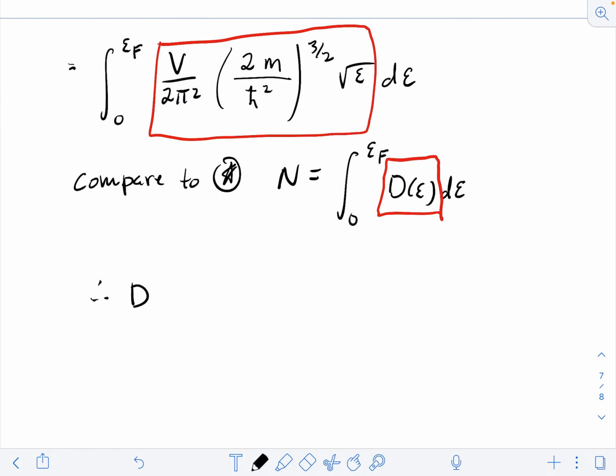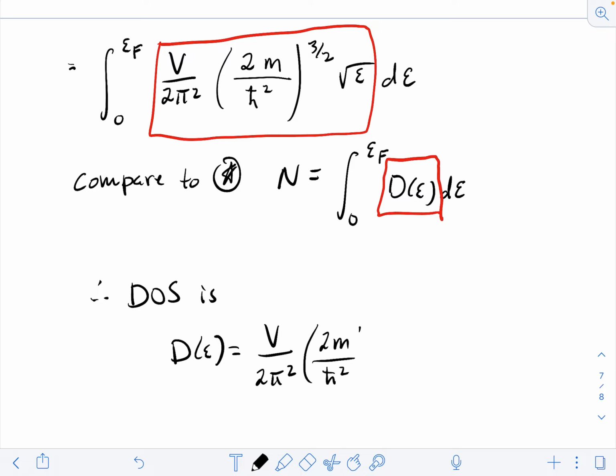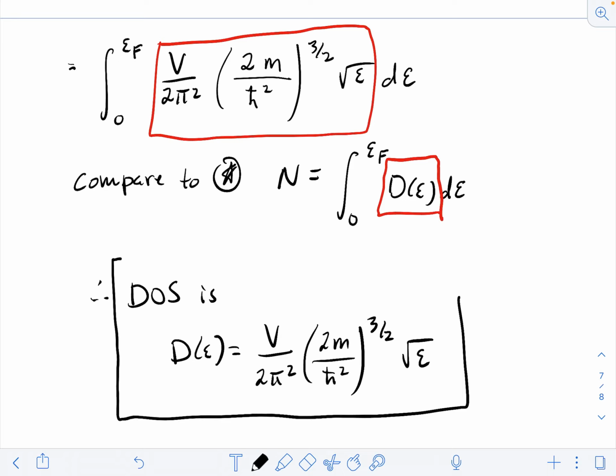And therefore, our density of states is D of epsilon equals V over 2 pi squared times 2m over h bar squared to the 3/2 times square root epsilon. And so that's one of the objectives that we had for today.